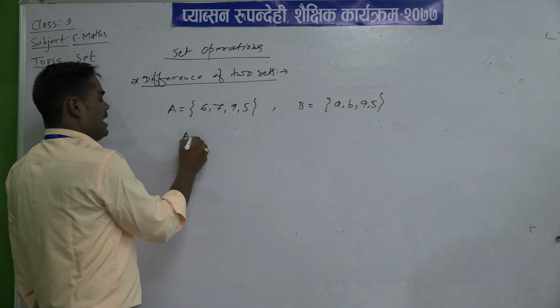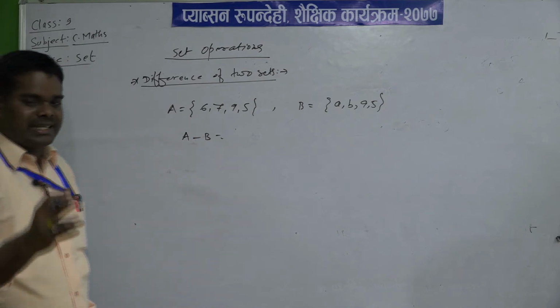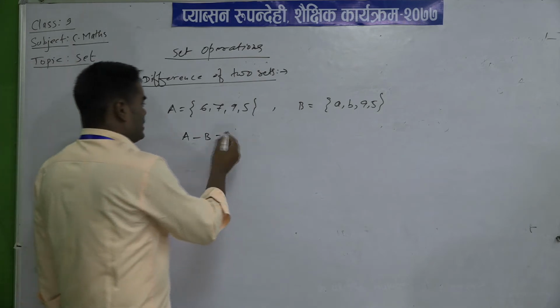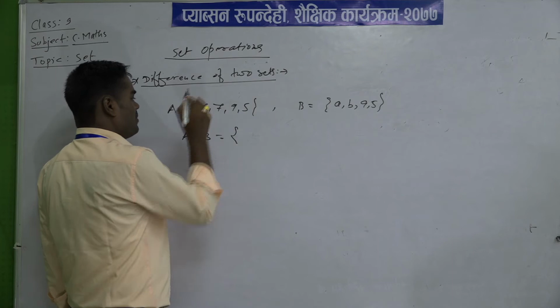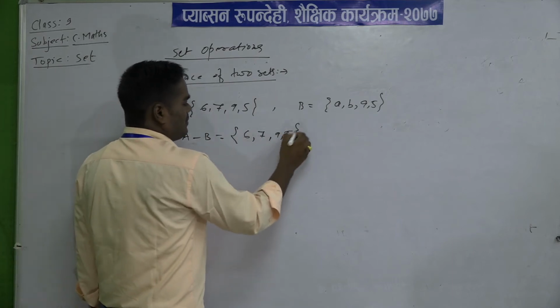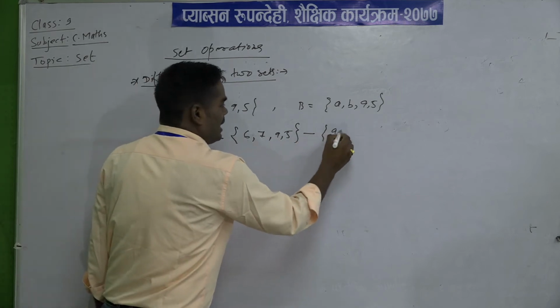Minus. So, A minus B, the difference of two sets, that is A and B or any sets, is known as the difference of two sets. You can write here the elements of A, what are they? 6, 7, 9, 5. Here the minus sign, so you write minus B.